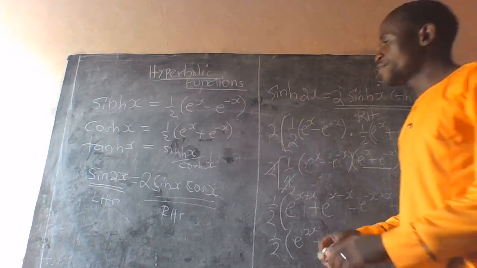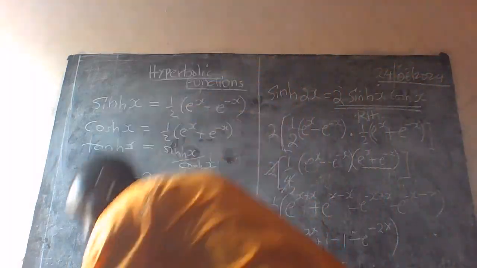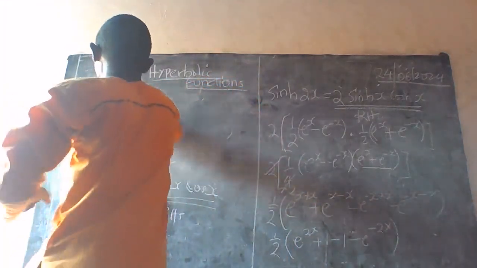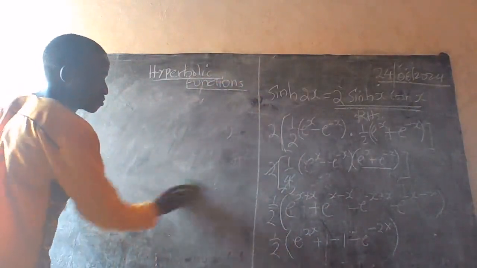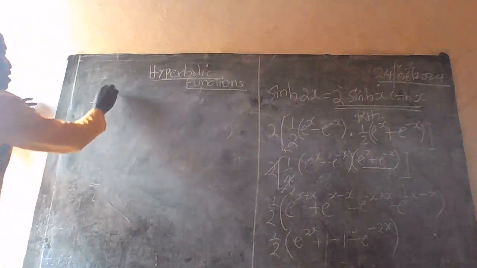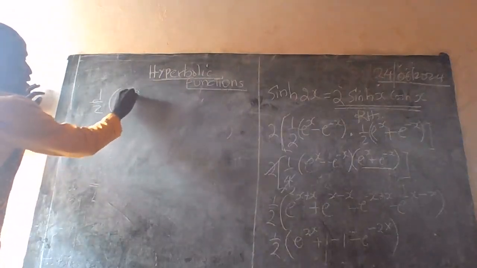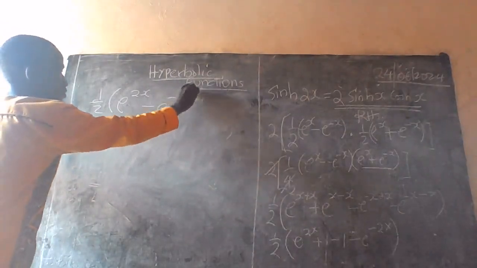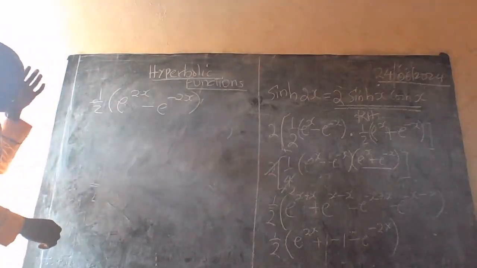And so we have this, we can come to this side and write our finding. Our finding is e to the 2x minus e to the negative 2x. That is what we receive.